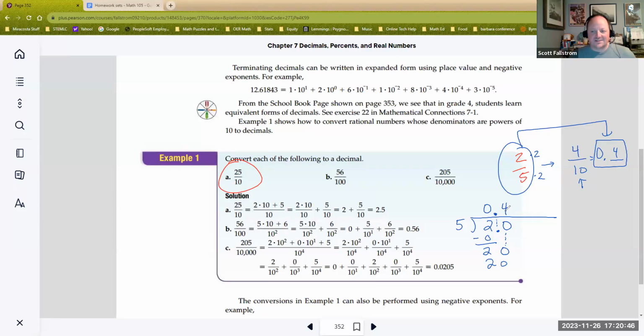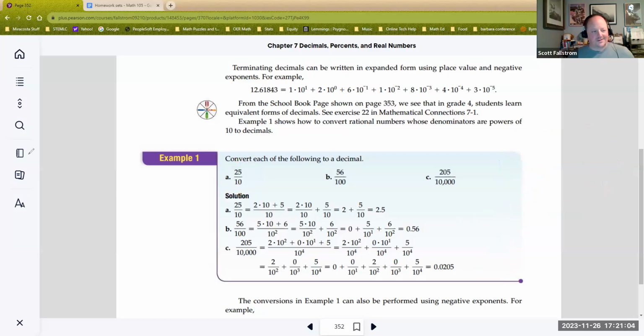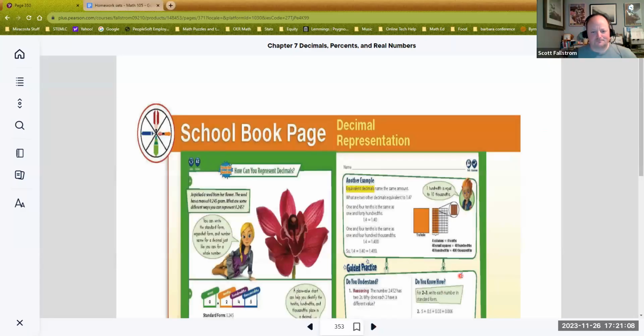But really, we have 4 tenths multiplied by 5, which gives us 20 tenths and no remainder. And so this is a second way that you can see how to convert a fraction into a decimal. So we have division and we have building up. You have those two options. Both are perfectly acceptable. Sometimes one's easier than the other, if you want to be perfectly honest.